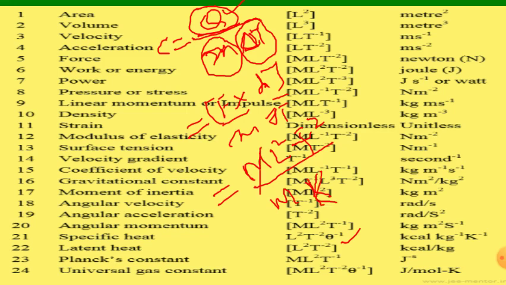So your mass will cancel in dimension. You will not see any mass in this, right? So it will be L square T inverse square theta inverse 1. For me here it will be L square T inverse square, and then Kelvin inverse, like this. This will be the dimensional formula for specific heat.